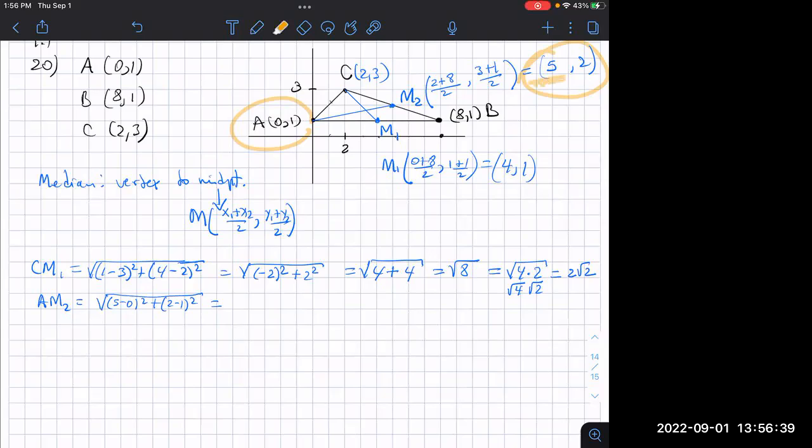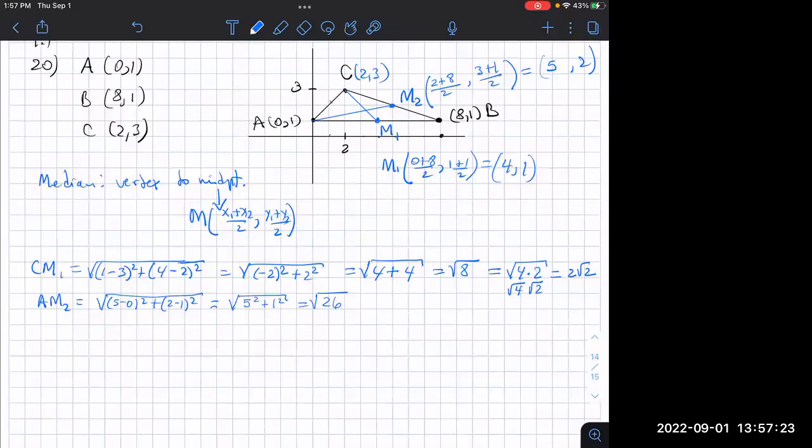Right, because we're doing 5 minus 0 and then 2 minus 1. Okay, so tell me when you're done simplifying. I got the square root of 26. Very good.